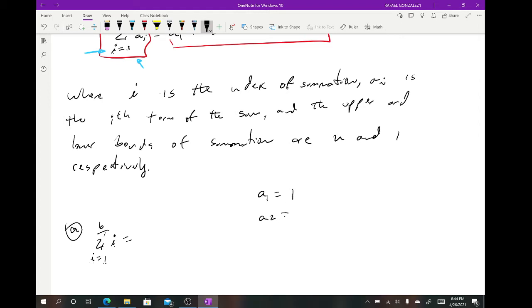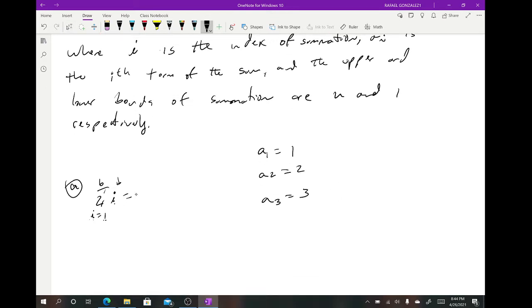a2 is simply the second term of the sum, evaluated at i equals 2. The ith term is just i, so every time I move, I'm just changing the index. a3 is going to be equal to 3, and so on. So what's really happening is that I'm just adding the numbers 1, 2, 3.